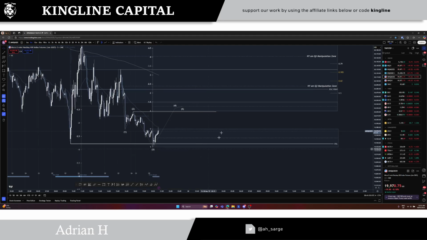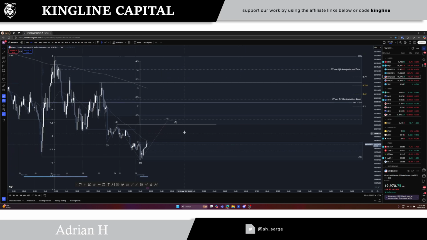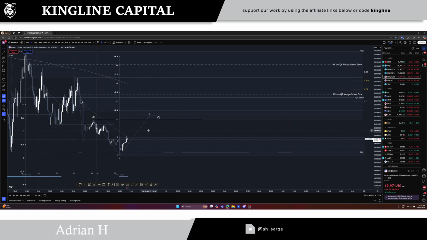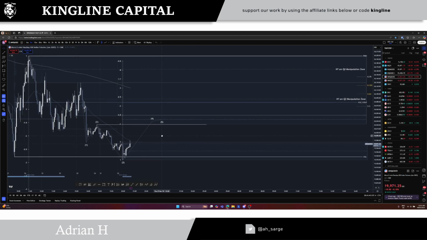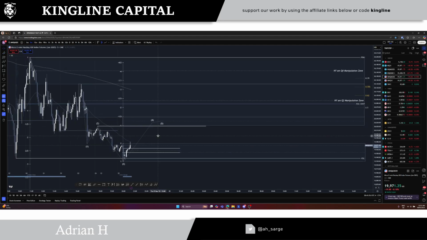Let's move that back to the front. So there's not a lot of movement in here. I'm not really interested in a long from here. So the risk reward is not very good. There's an ICB. So for example, if we candle close above here and we come back, say we do this.